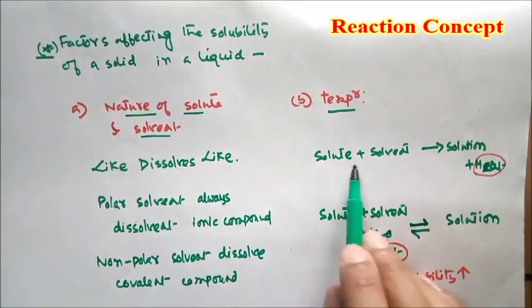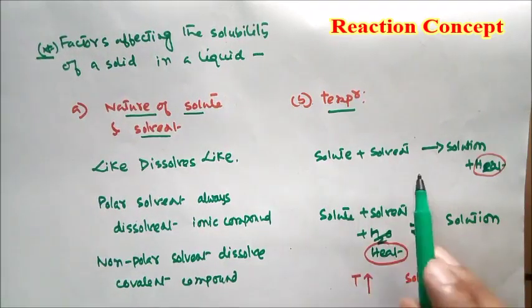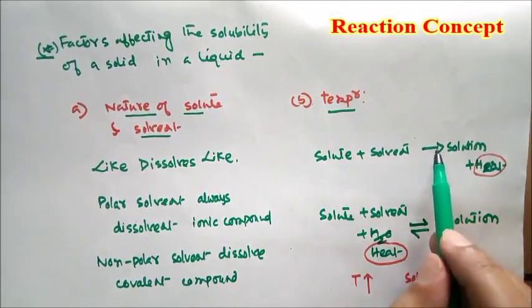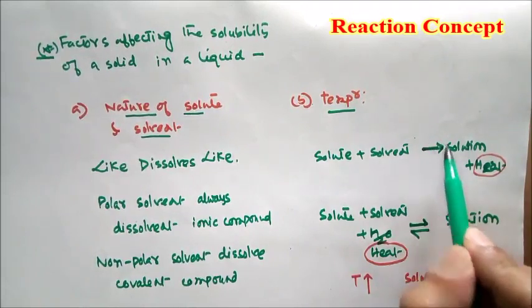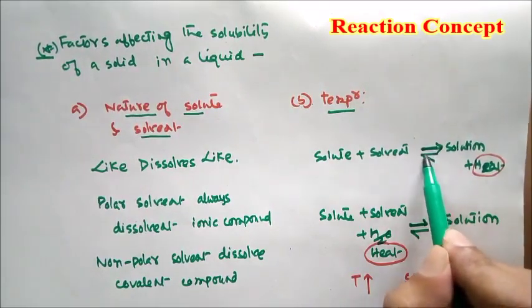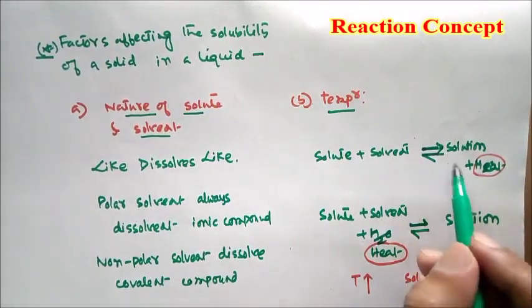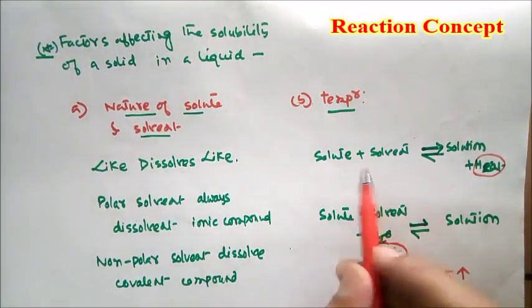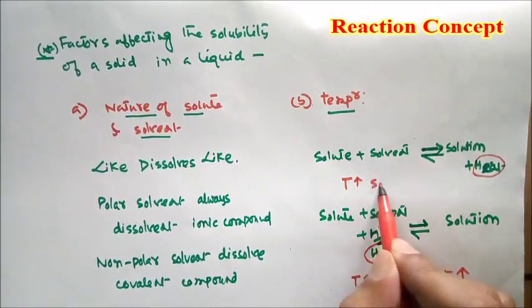While in the case where heat is released in the process, if we increase the temperature, then, since this is an exothermic process, the reverse process will be endothermic. So if we increase the temperature in this case, the solubility will decrease.